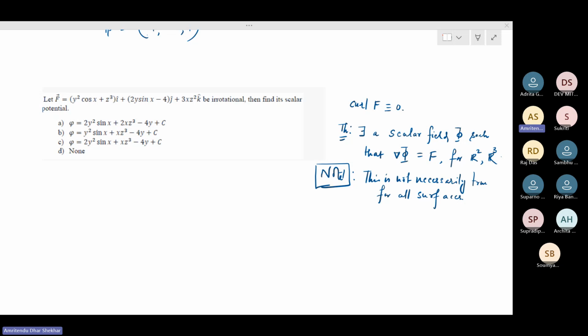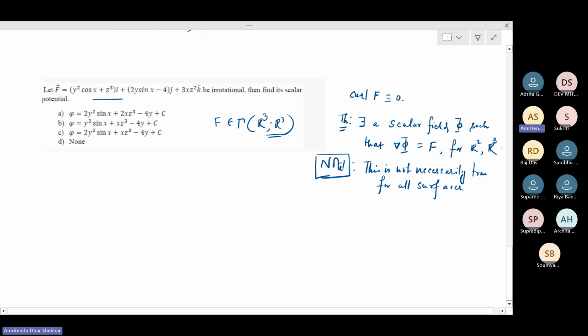But here there is nothing mentioned, so you can assume without any loss of generality that this vector field f is defined all over R3, and so this result holds. Now you have this vector field f.